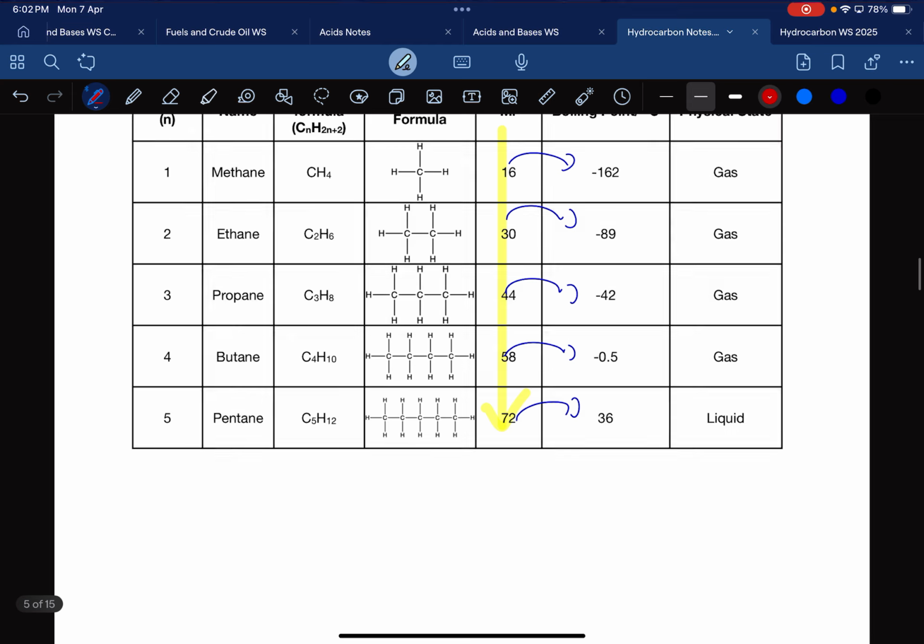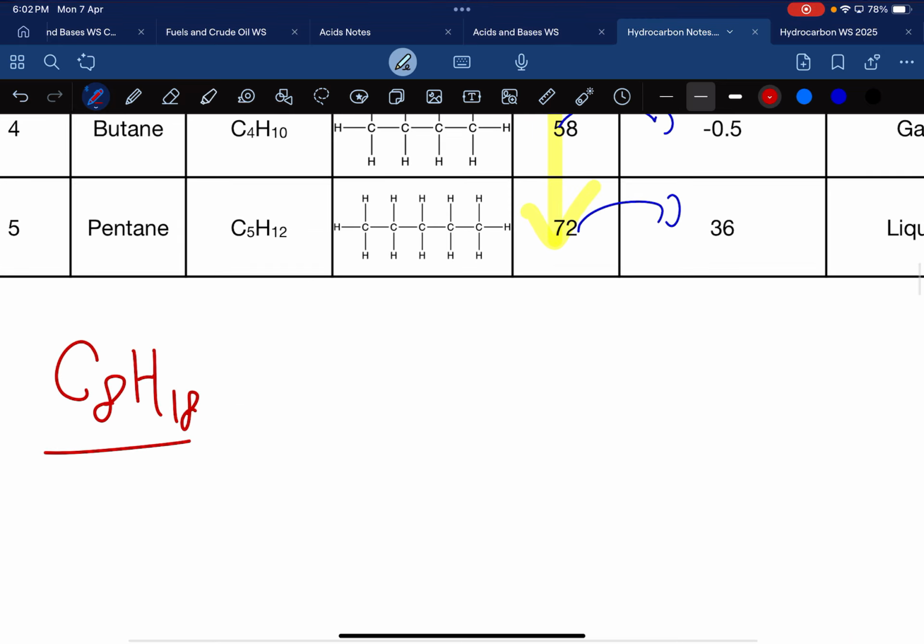Last week, I'm not sure whether you remember, we did a question on octane. Do you remember? We compared it against ethanol.